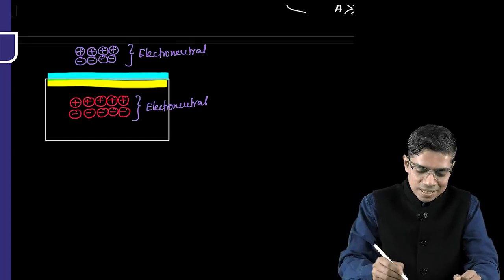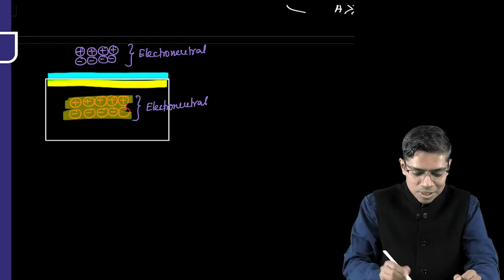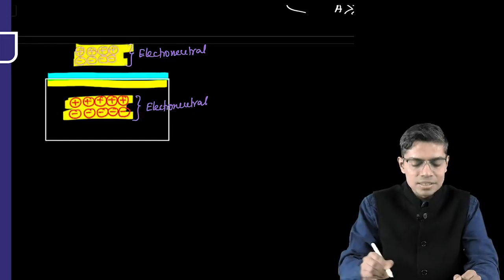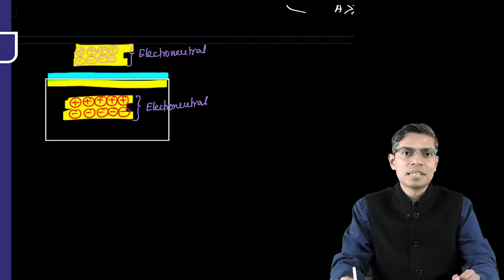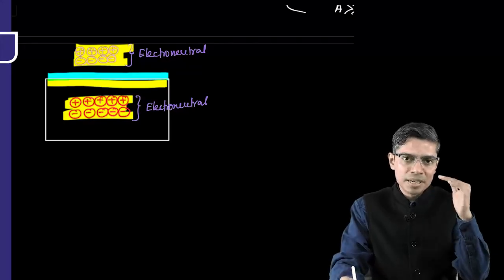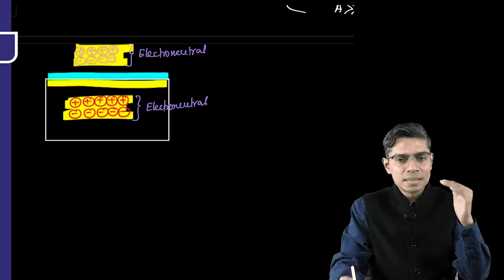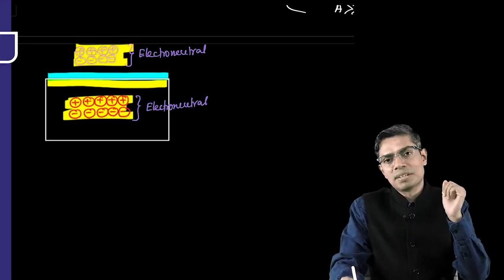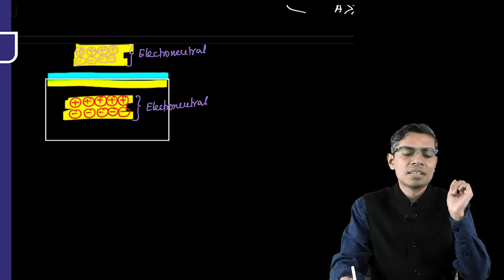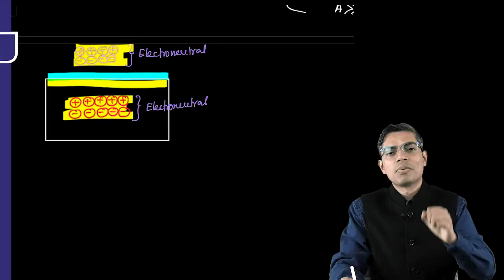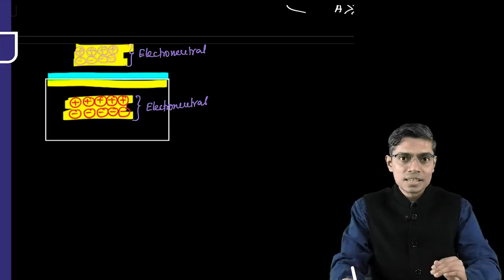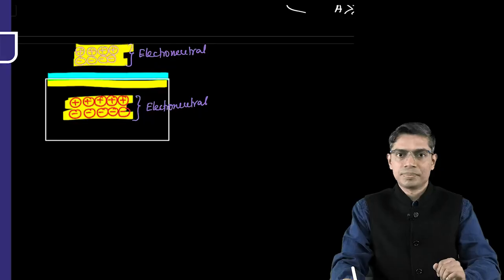You are saying that the interior of the cell is electroneutral and the exterior of the cell is also electroneutral, but still you are saying that between the inner leaflet and outer leaflet of the membrane there is a difference of charges, and that is nothing but the resting membrane voltage. So what is happening? How is this charge difference generated?